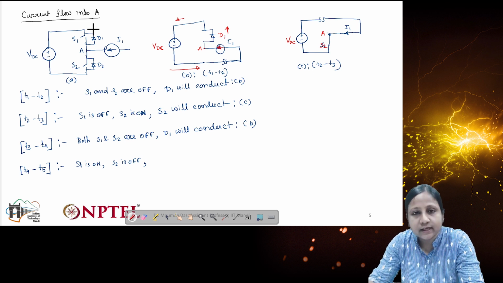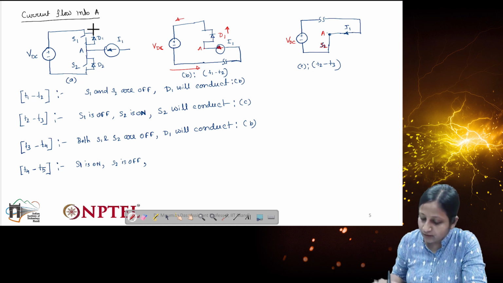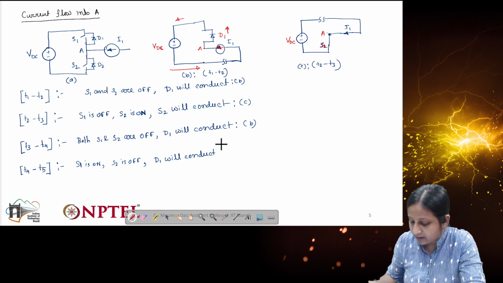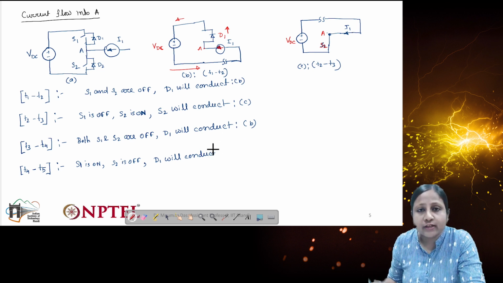But in this case, current is already entering into A. That means current can only flow from A to VDC. So how is that possible? Again in this case, D1 will conduct, and current through S1 will conduct in the reverse direction if the switch is capable of carrying current in the reverse direction.